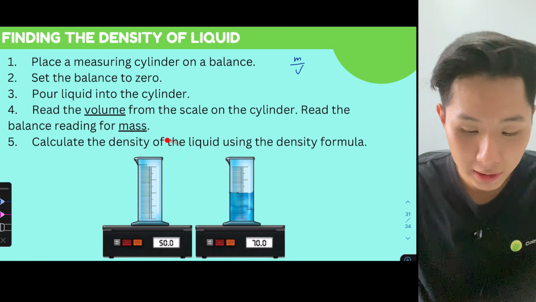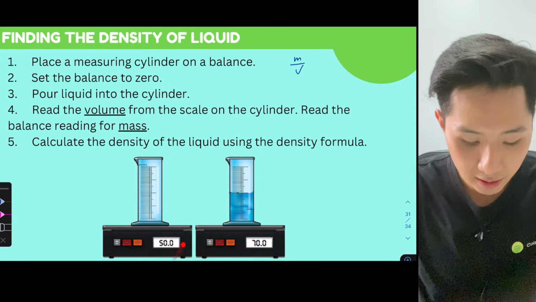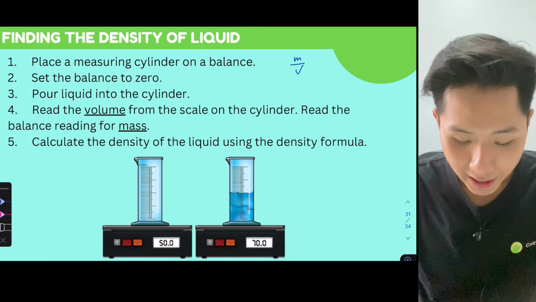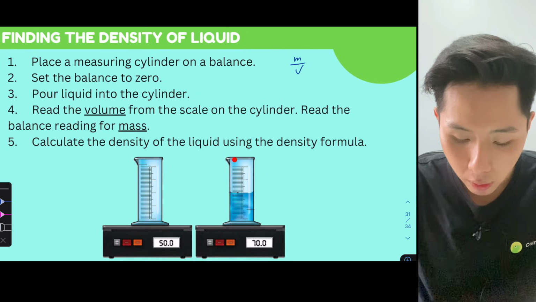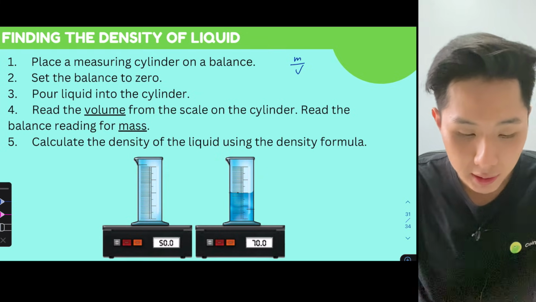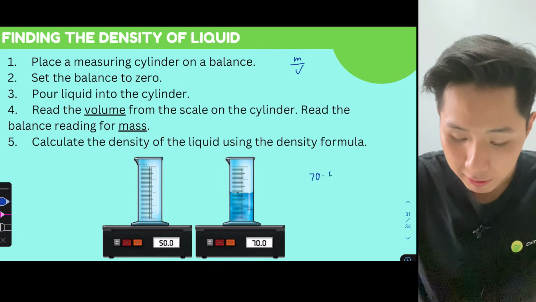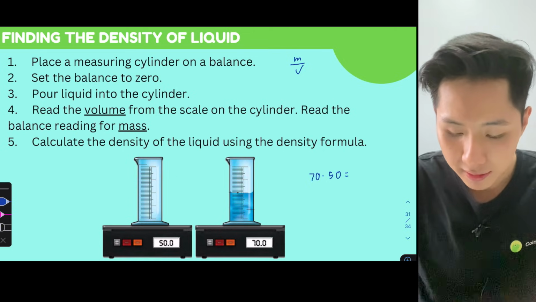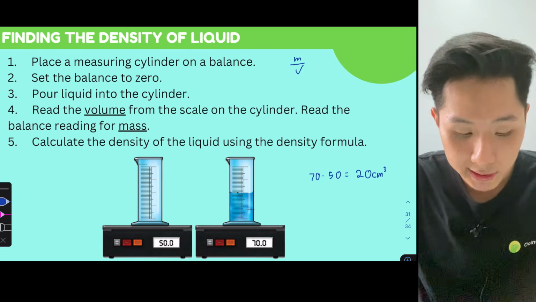One simple way to do this is to put a measuring cylinder on a beam balance and measure the initial mass, and then pour in the water. So we can see here that the change is 70 minus 50.